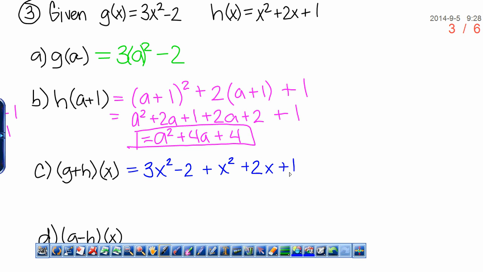All right, Hayden, what'd you get when you added these together? 4x squared plus 2x minus 1. You guys agree? Good job.